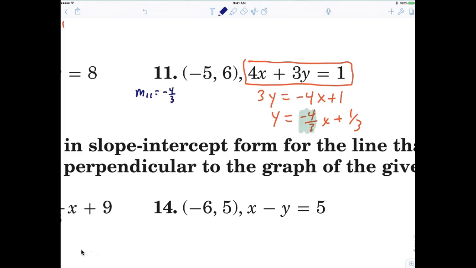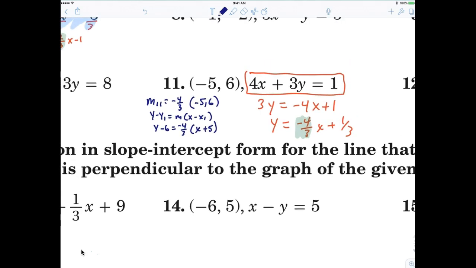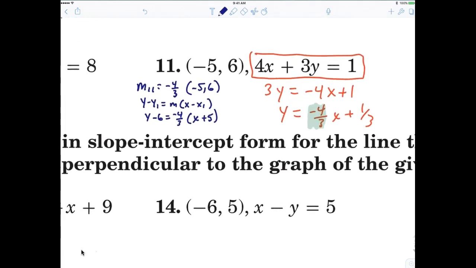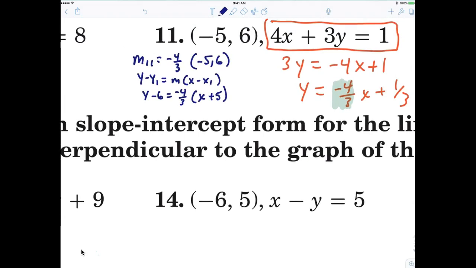passing through the point negative 5, 6. Y minus y1 equals m times x minus x1. Y minus 6 equals negative 4/3 times x plus 5. Now right here we have some fraction issues, because negative 4/3 times 5 doesn't go evenly, but let's not be worried.